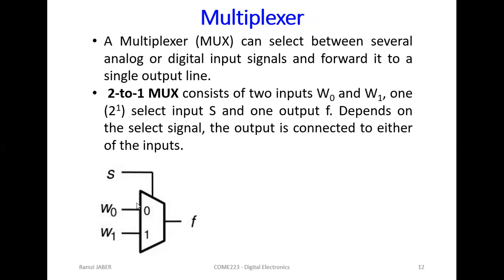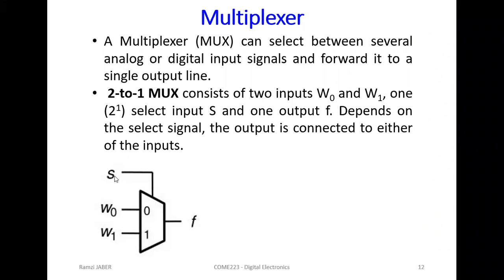We have 2 inputs, W0 and W1, S as the selection input, and one output, F. If S equals 0, then the output will be equal to W0. If S equals 1, then the output F equals W1.